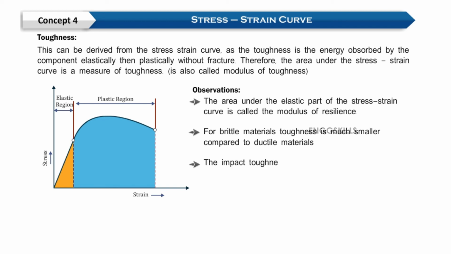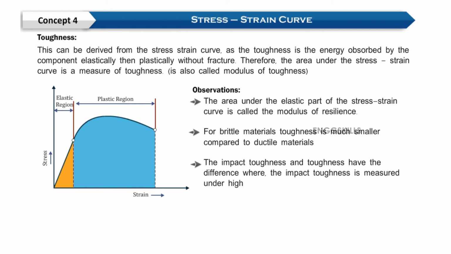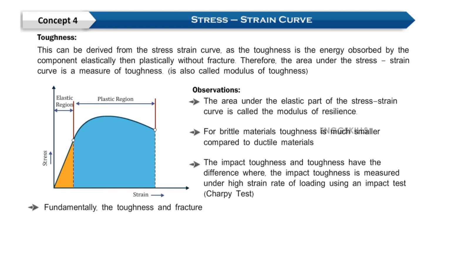The impact toughness and toughness have a difference, where the impact toughness is measured under a high strain rate of loading using an impact test such as the Charpy test. Fundamentally, the toughness and fracture toughness are the same.